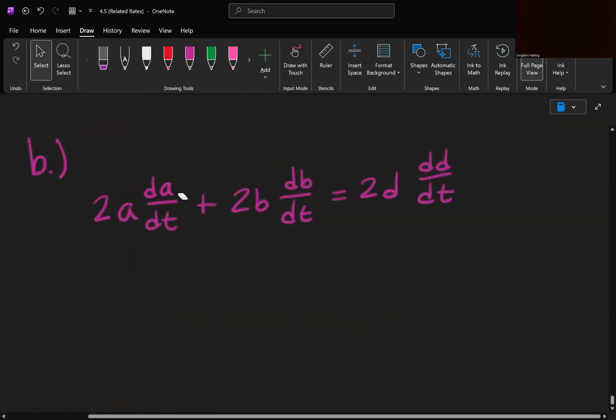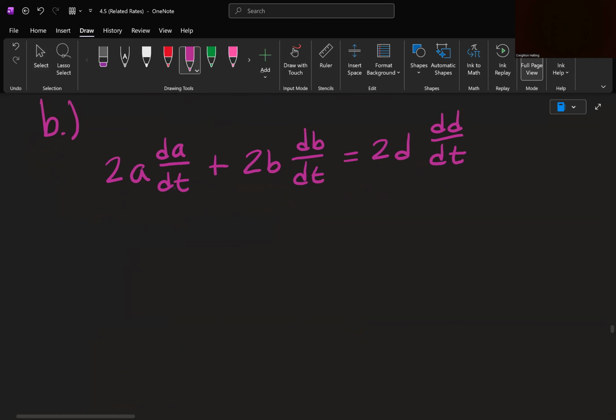Okay, I know that A over A prime is going to be B over B prime proportionally. So I know that B is 45. So I can put in 45 for B, and B prime is 100 feet per second.